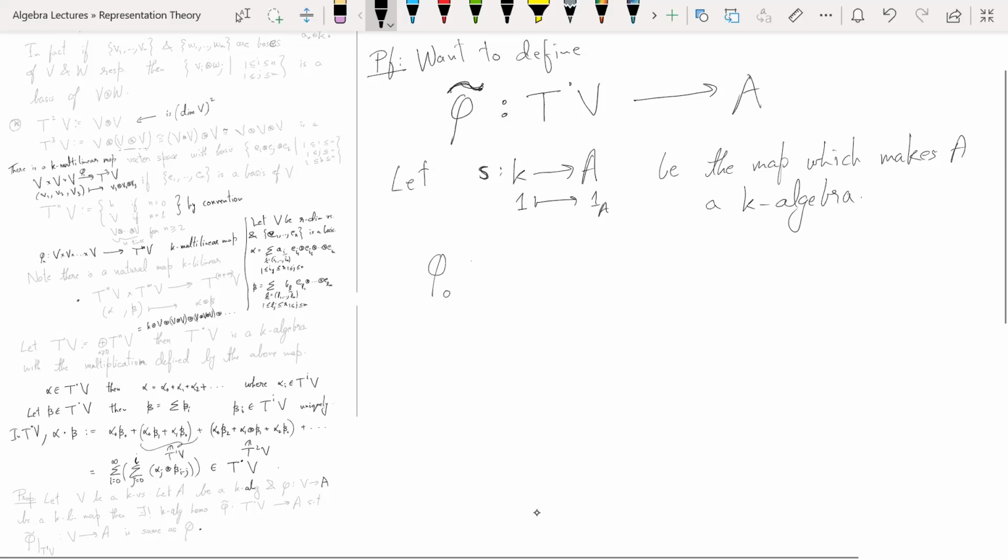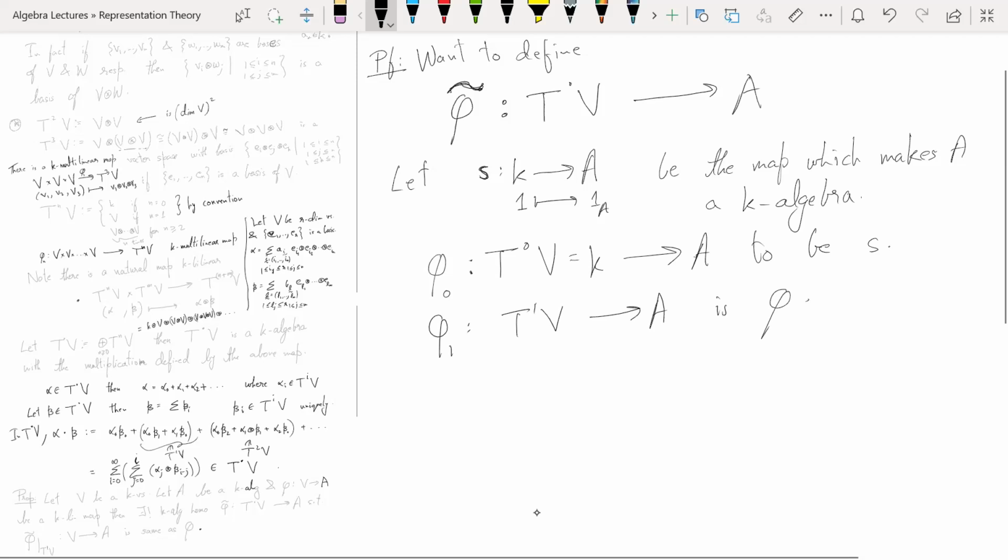So phi 0 we define from T0V, which by the way is the same as K, to A by S. So phi 0 is the same as S. Phi 1 from T1V to A; T1V is the same as V, and the given map is phi.